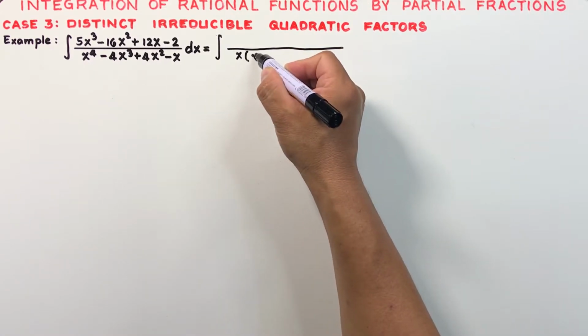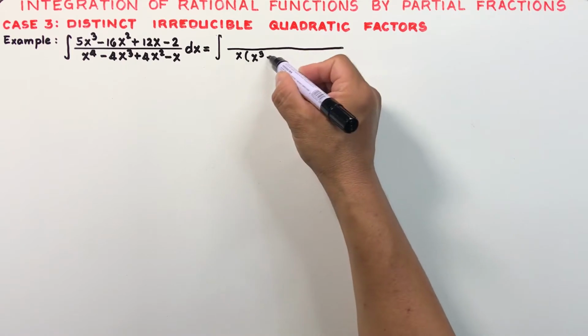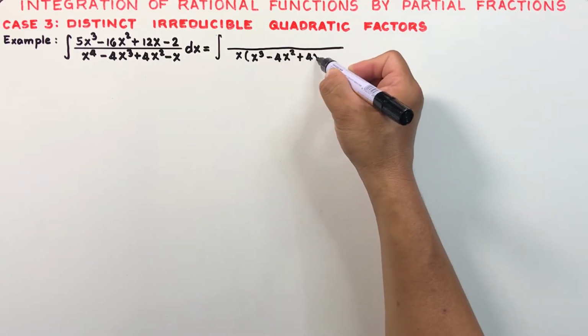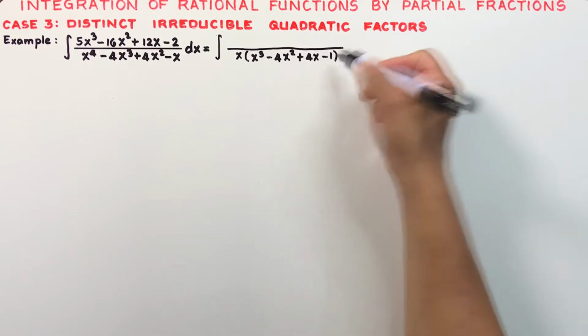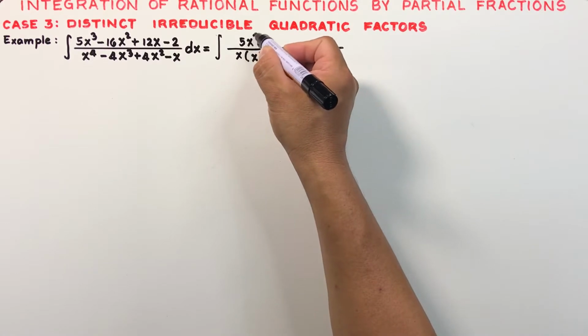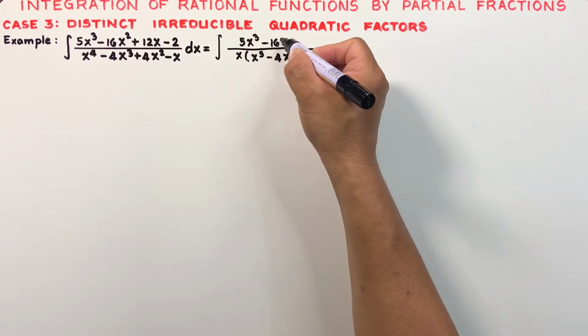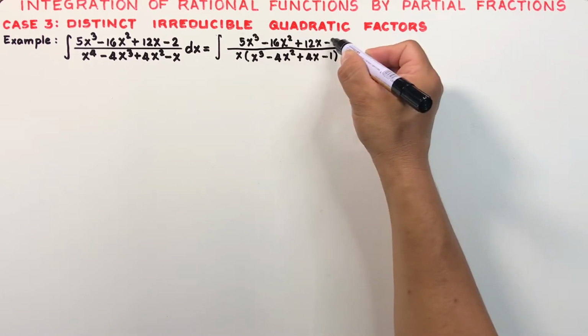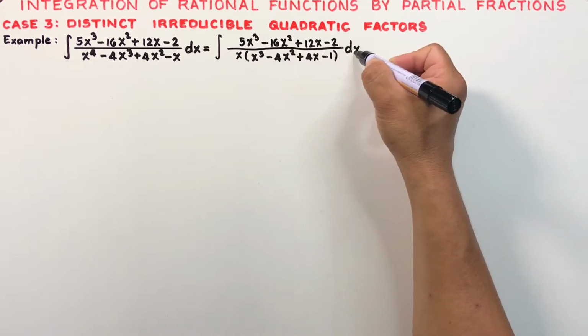So this is x times x cubed minus 4x squared plus 4x minus 1. And of course, we have the numerator of 5x cubed minus 16x squared plus 12x minus 2 here.